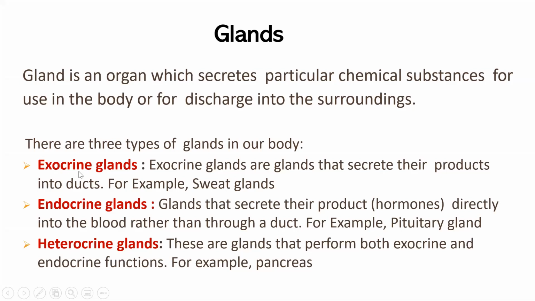So let me just say this one more time. If they are releasing their products into the ducts, then they are exocrine. And if they're releasing, endo is kind of internal within itself, so it is like directly releasing into the blood, then that would be an example of an endocrine gland.